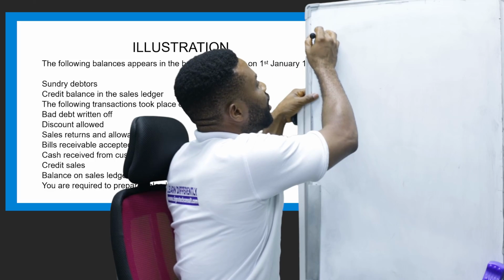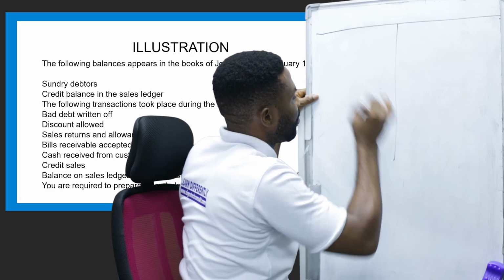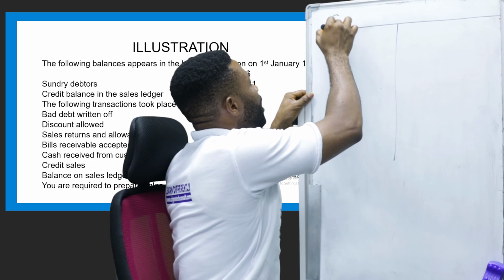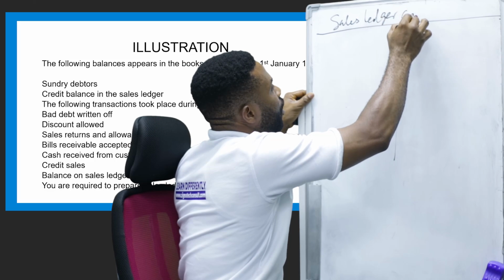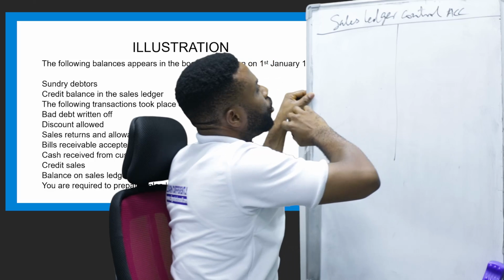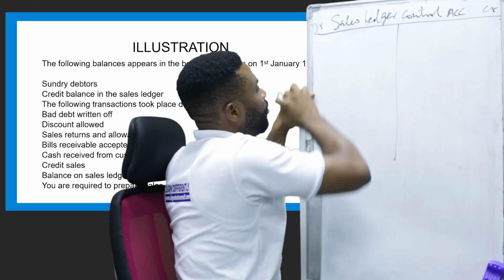You just write your capital T like this, and then it is called sales ledger control account. This is your credit side, this is your debit side.